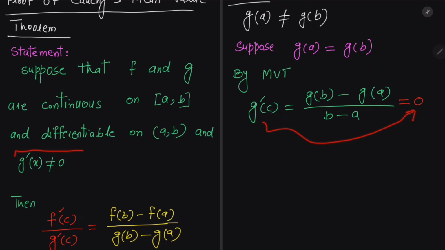But in the theorem, we have that g dash x cannot be equal to 0. If this is not equal to 0, then it means that g of A cannot be equal to g of B, since B and A are different points. So this is one of the things that we have to prove for Cauchy's mean value theorem, which we already did over here.